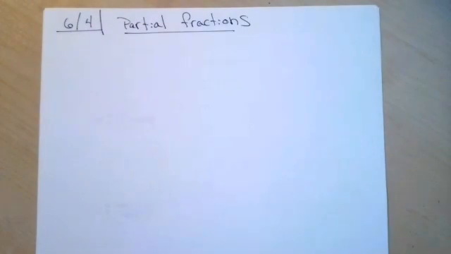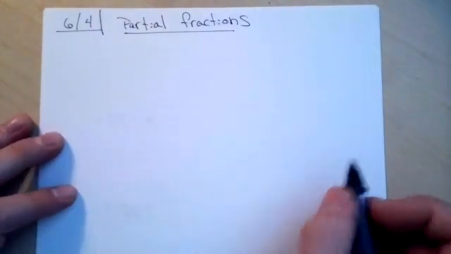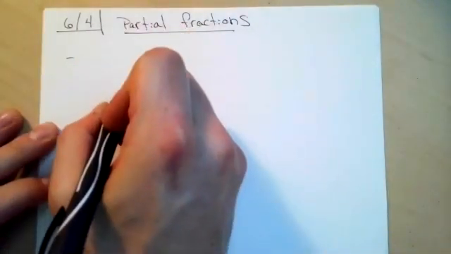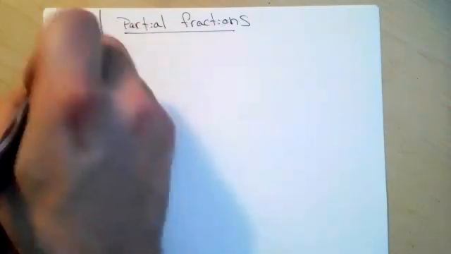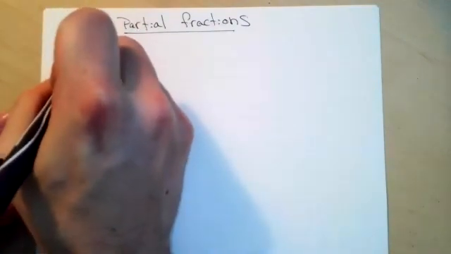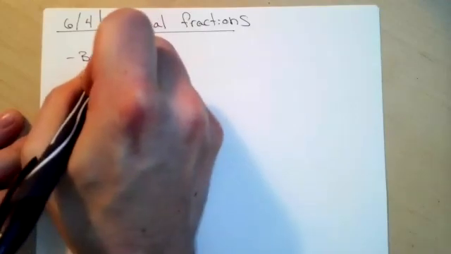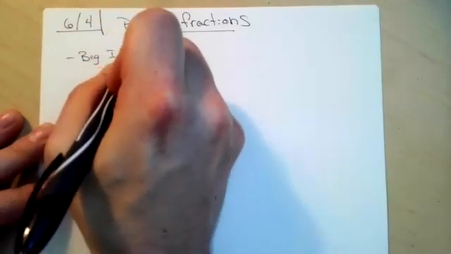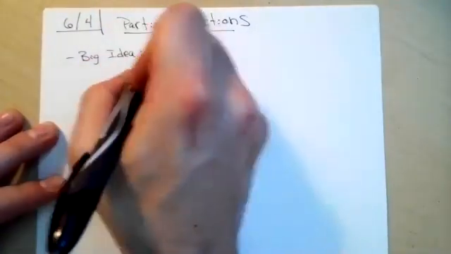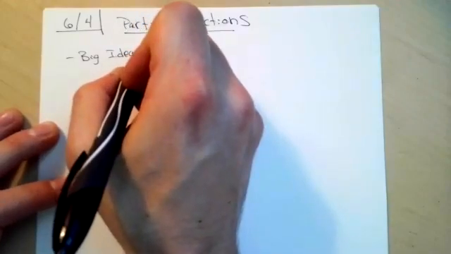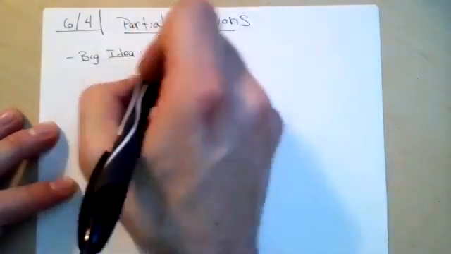Let's see, where's my example? So partial fractions are a process. The big idea is we are doing common denominators in reverse, essentially.